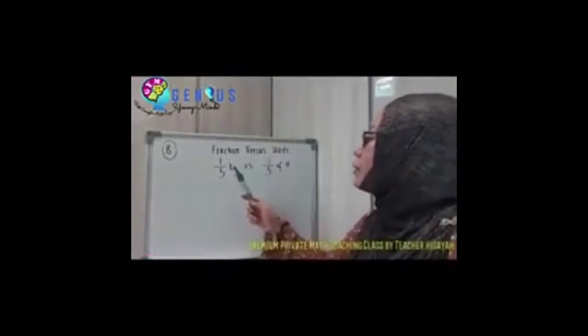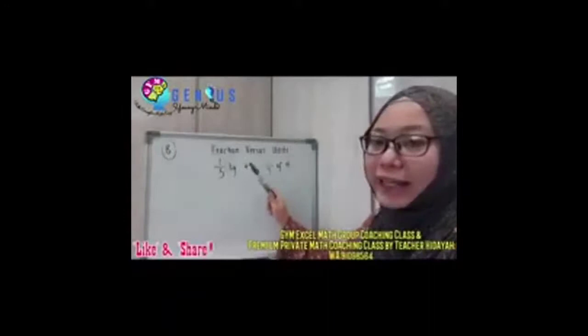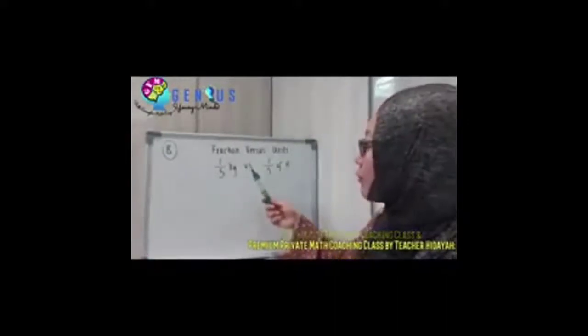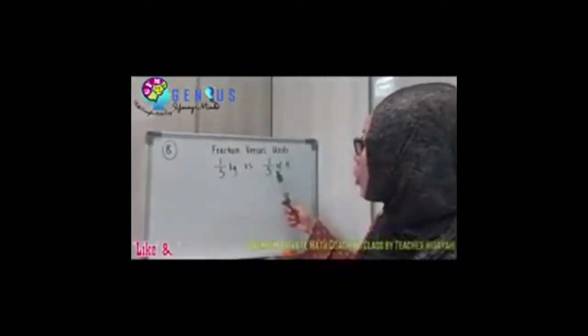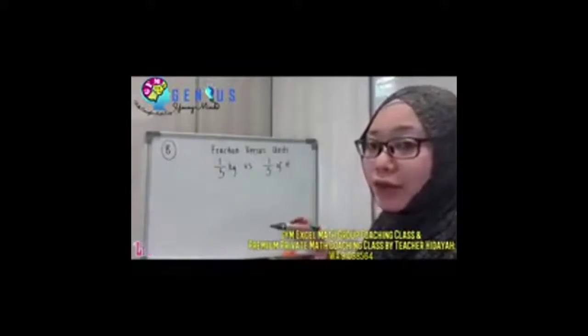Okay, this is tip number 8 for fractions. So usually we have confusion between this kind of fraction where we have 1 over 5 kilogram or any other units. Maybe it can be liters, cm, meters, or grams even, okay, versus 1 over 5 of it. So you have to inform your child that these two kinds of fraction are different and they get very confused.